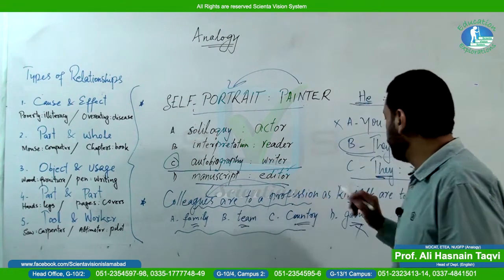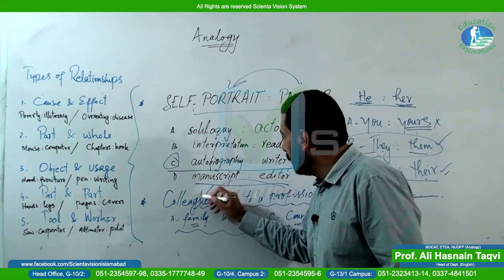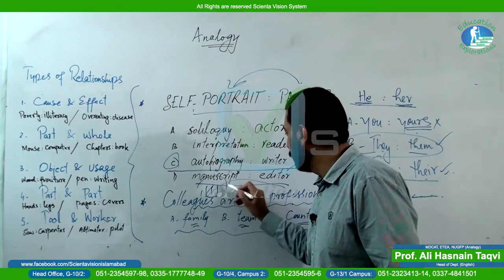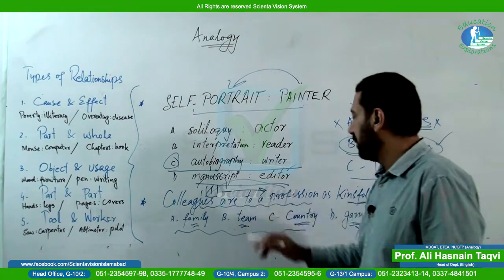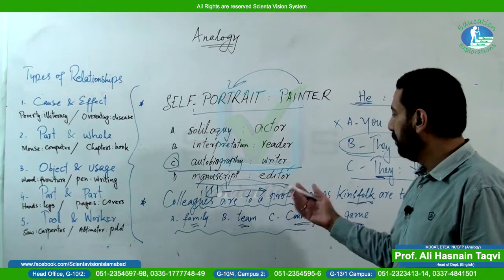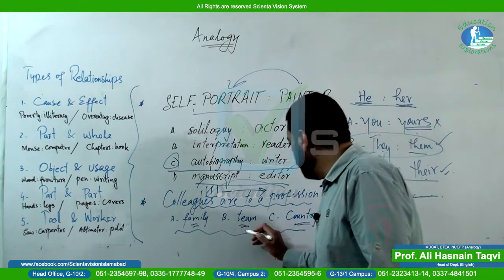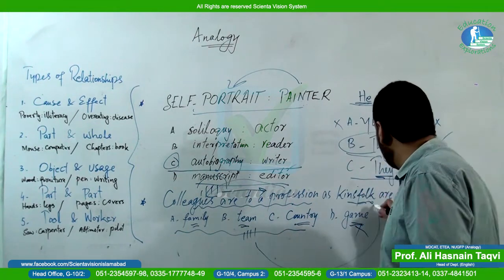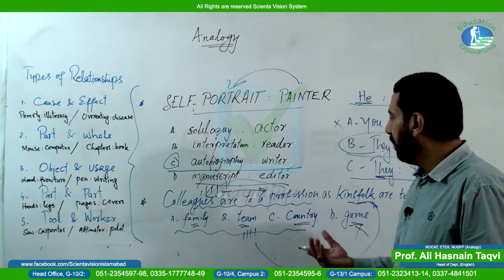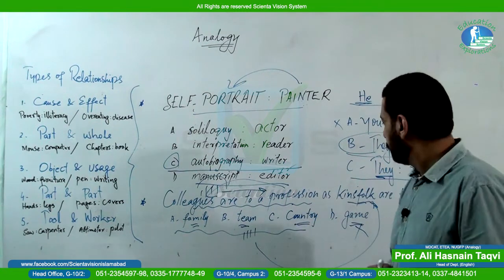Colleagues are to a profession. See, these different individuals together are in a profession. That's why they are colleagues, whichever way you want to develop the sequence. Team, you have different individuals, but do they have the other name of kinsfolk?